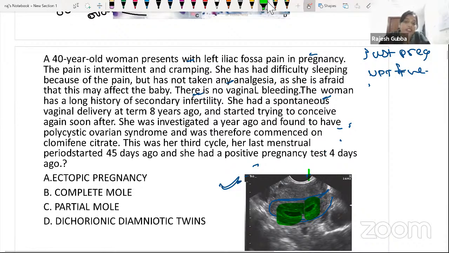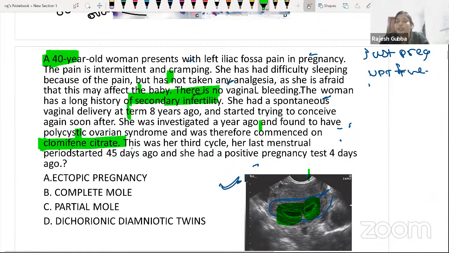Another positive history which they gave us for this image was she is elderly, she is having secondary infertility, and she took treatment with clomiphene citrate.